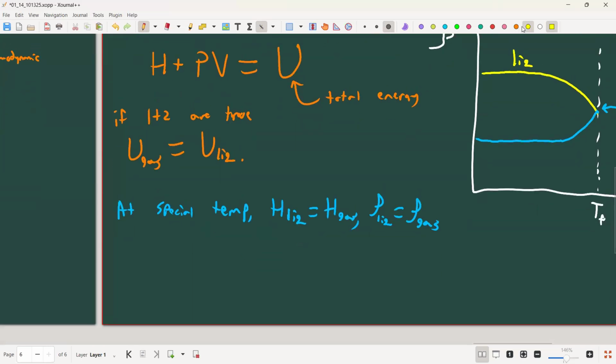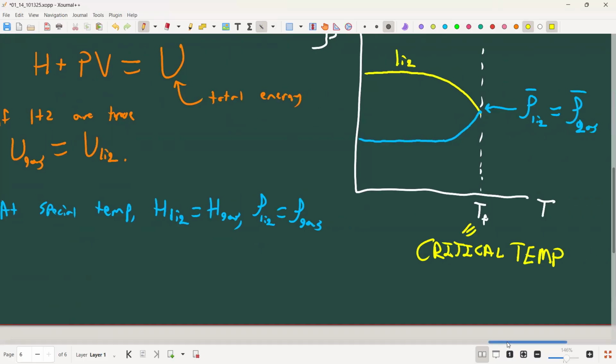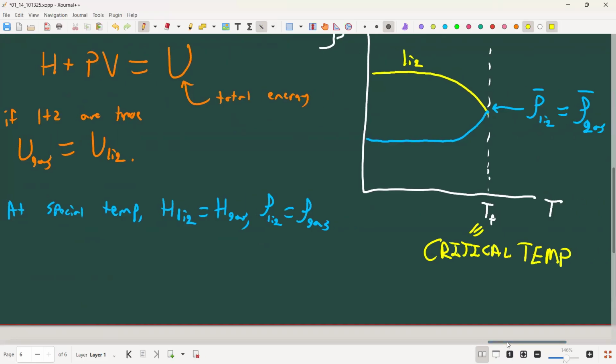Right. This special temperature right here is called the critical temperature. And every material has it. All pure materials have a critical temperature. Which all that means is that there's some special temperature where the enthalpy of the liquid and the gas and the density of the liquid and the gas become one and the same.